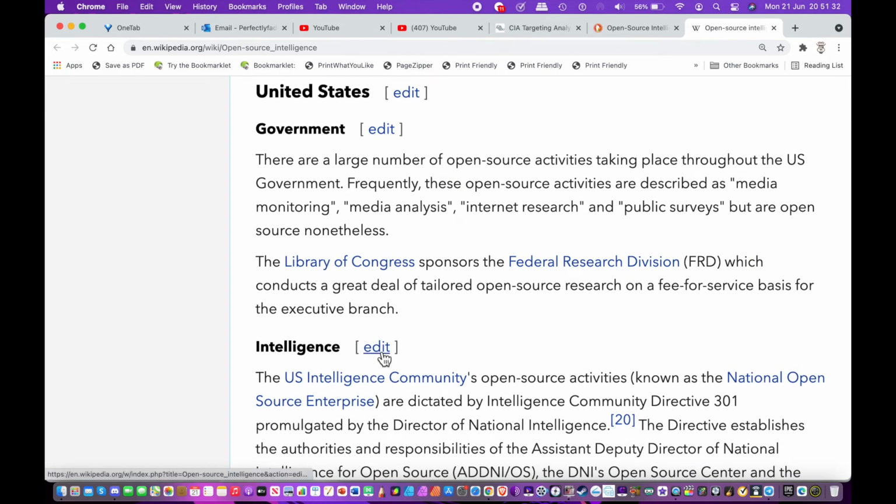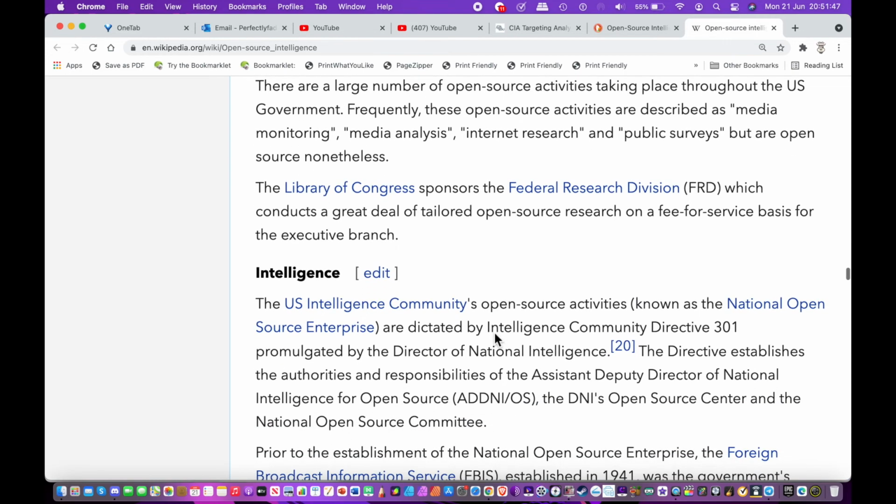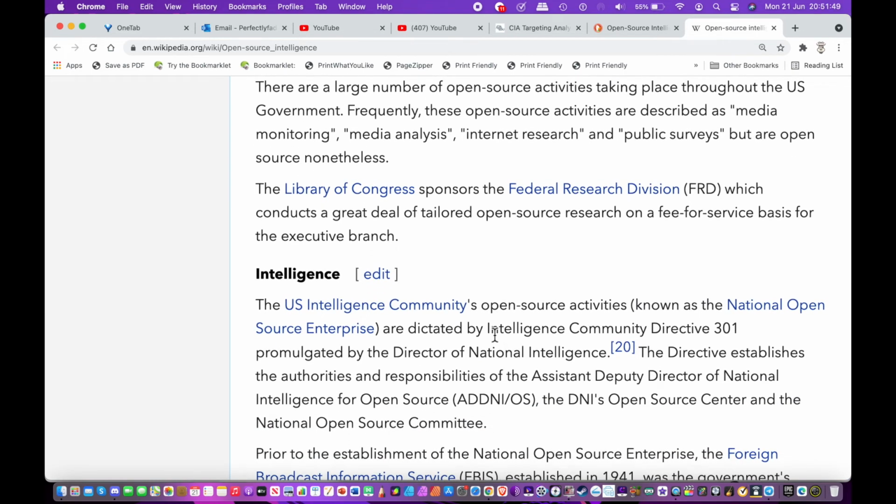The Library of Congress sponsors the Federal Research Division, which conducts a great deal of tailored open source research on a fee-for-service basis for the executive branch. So you pay them money and they go, oh yeah, we'll do that for you.